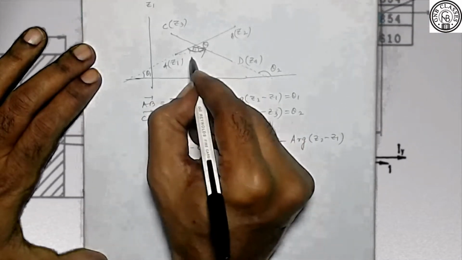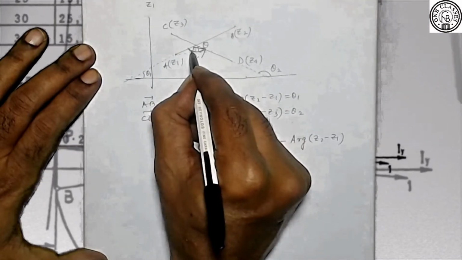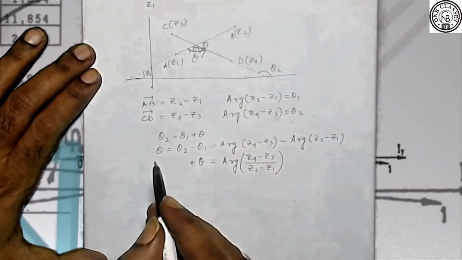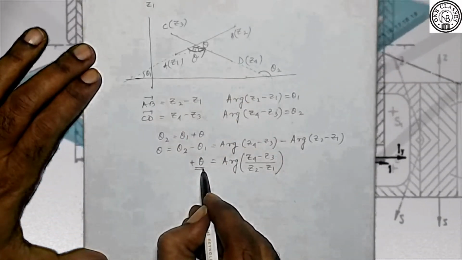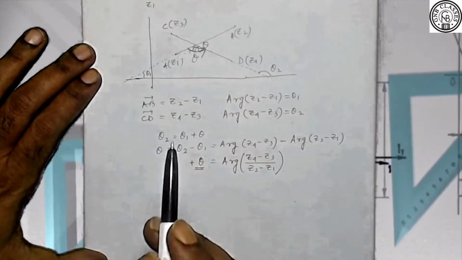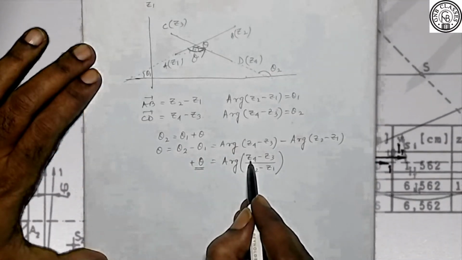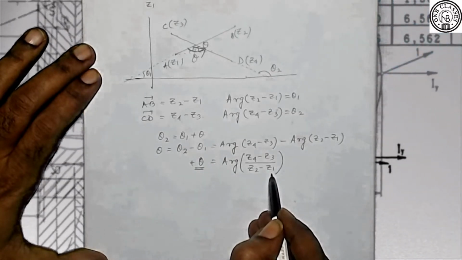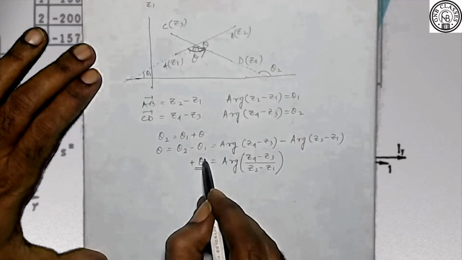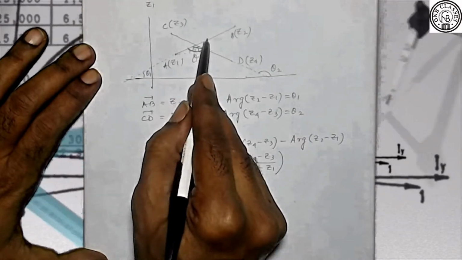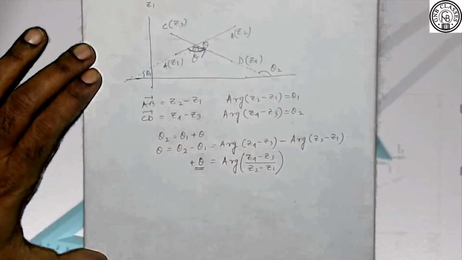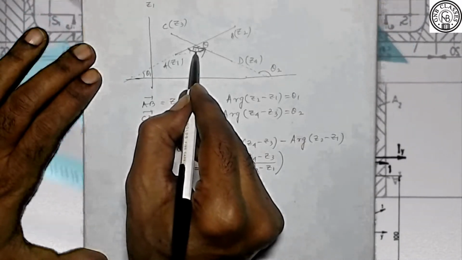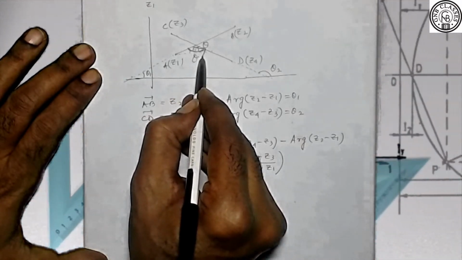Yes or no? Theta is this angle, but we have to measure it in anti-clockwise direction to get positive theta. Is it okay? Now you see, for argument of (z4 - z3)/(z2 - z1), theta is the angle between these two vectors. Now this angle is positive when we are measuring it in anti-clockwise direction.